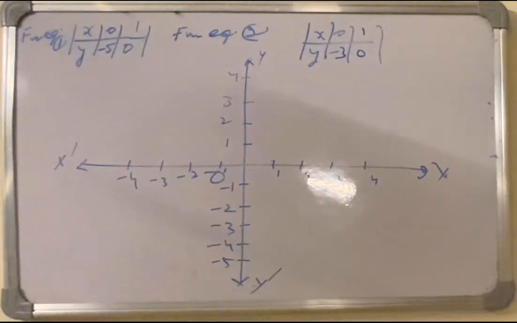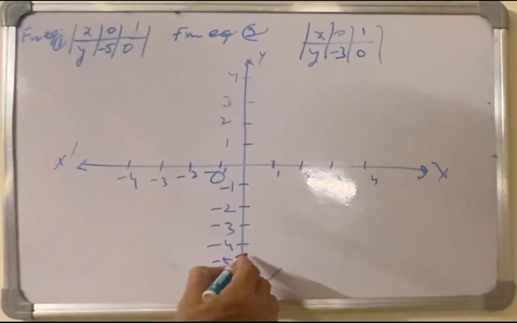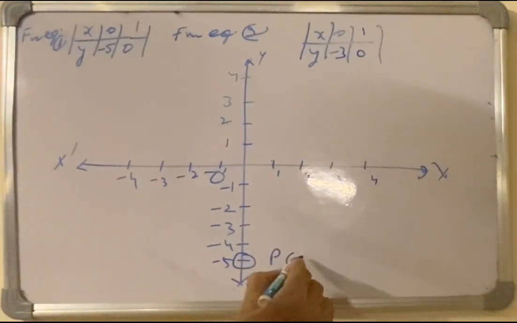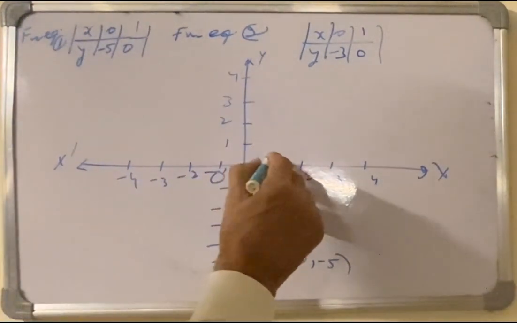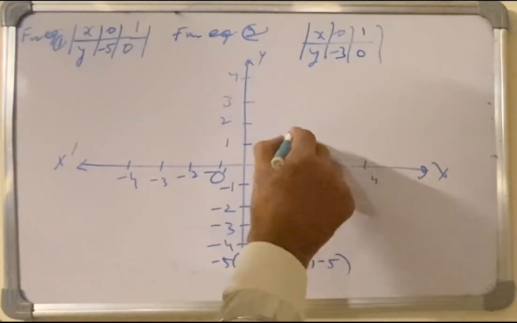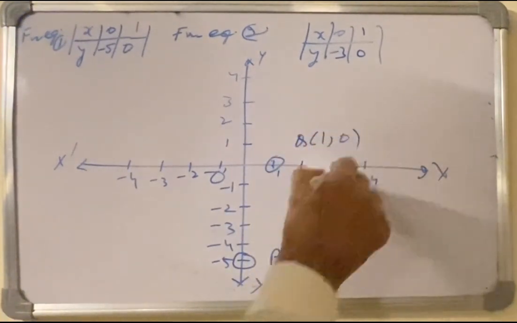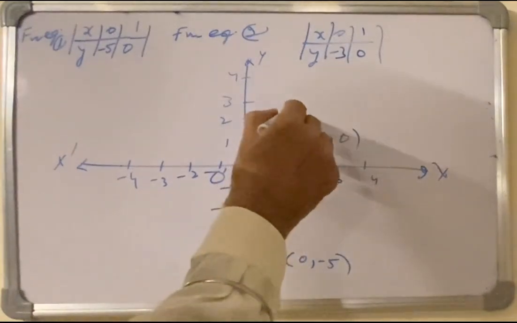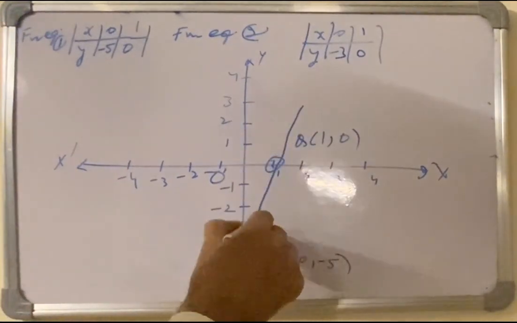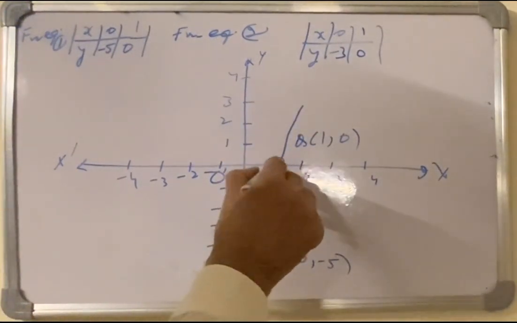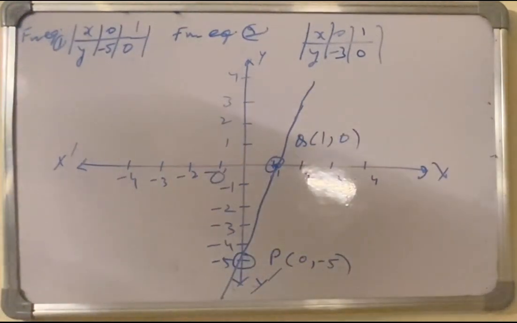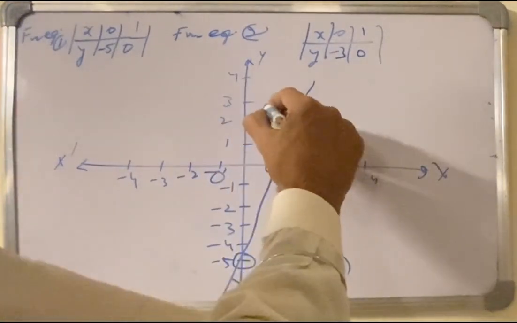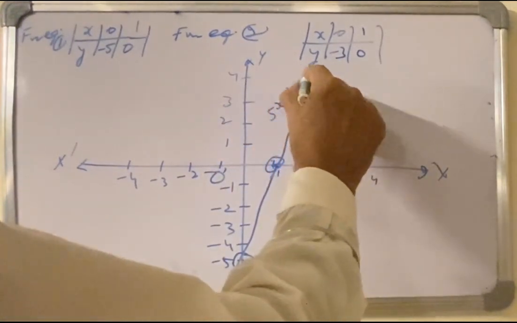Now first of all we draw points of first equation, x 0, y -5. This one is P (0, -5). Then x 1, y 0. This is Q (1, 0). We join these. This is the line given by first equation, 5x minus y is equal to 5.